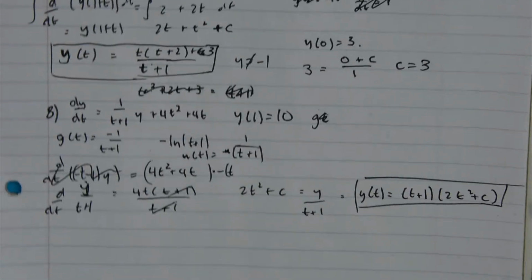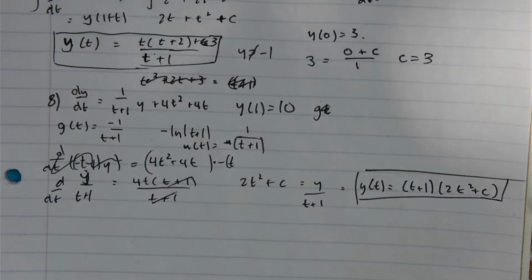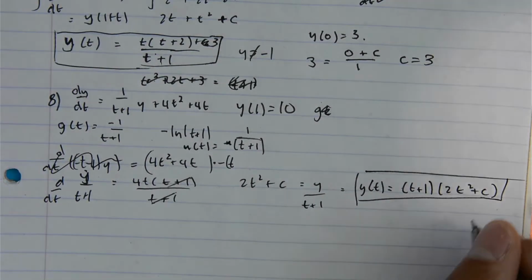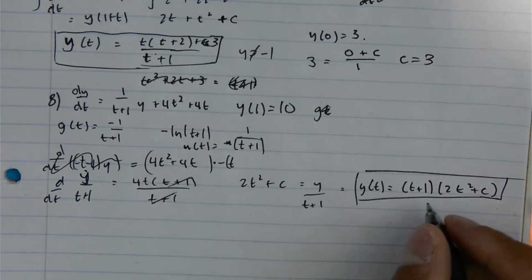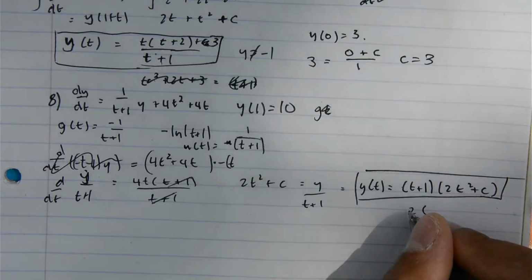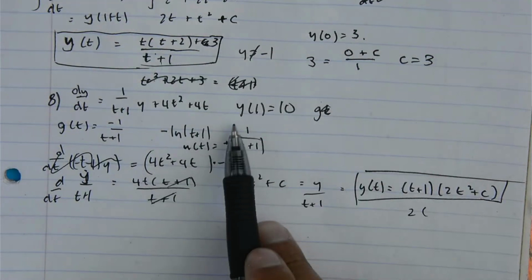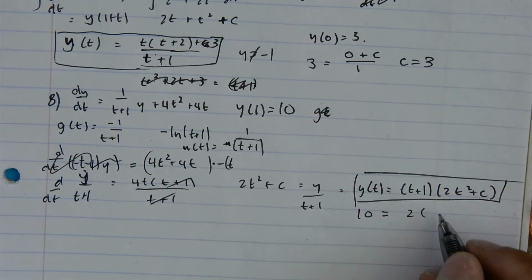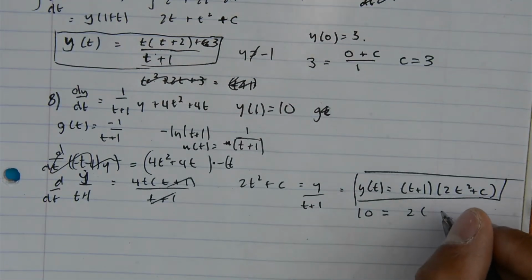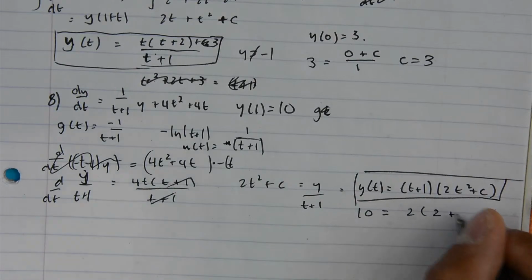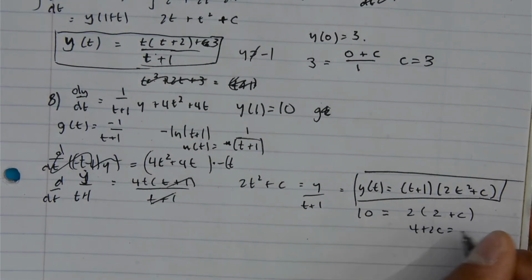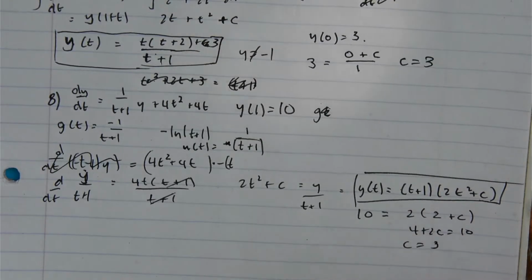Okay, so I think that's it. Oh wait, but then let's just double check. So y of 1 equals 10. So we're going to get 10 is equal to 2 times 2 plus c. So 4 plus 2c equals 10, c equals 3.